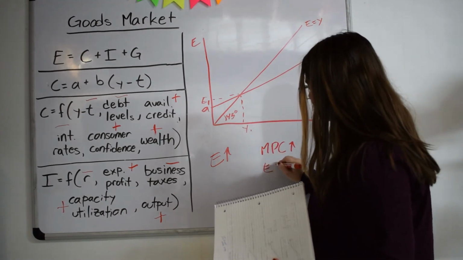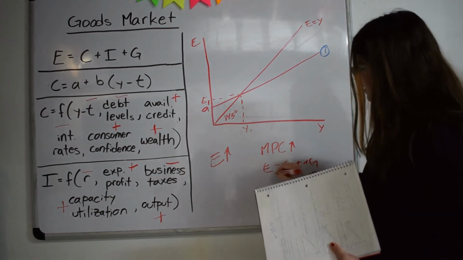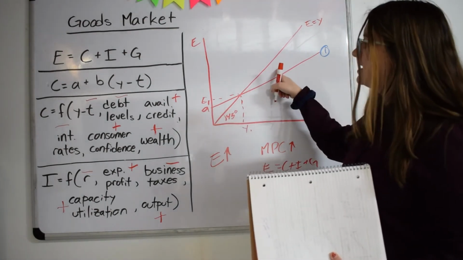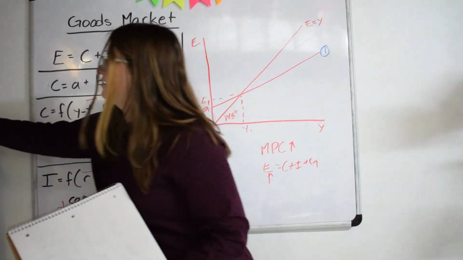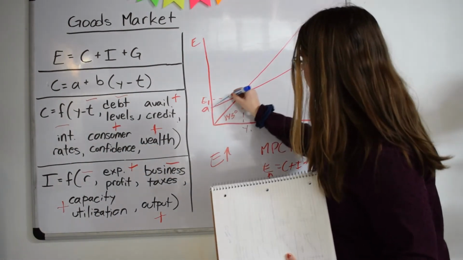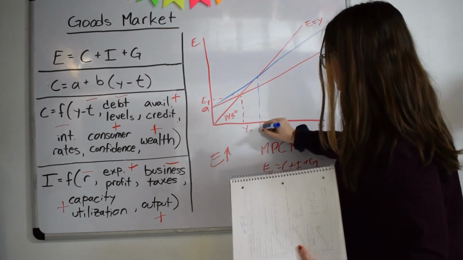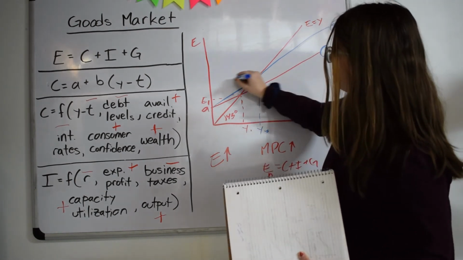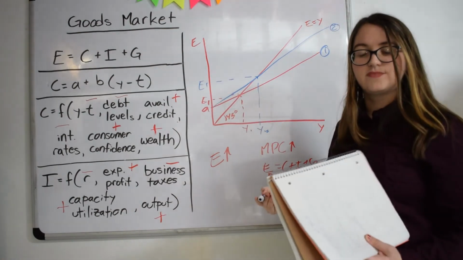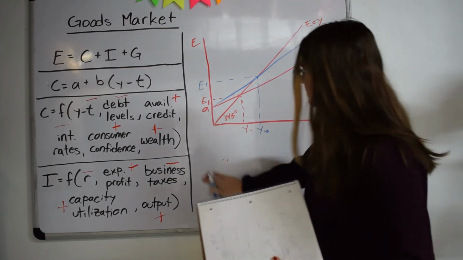And we write out E equals C plus I plus G. We know if there's an increase in expenditure, there will be an increase in the consumption line, or the expenditure line. So that will tilt upward to 2. There will be an increase in GDP and the increase in expenditure. Okay? Next example, let me just erase this real quick.